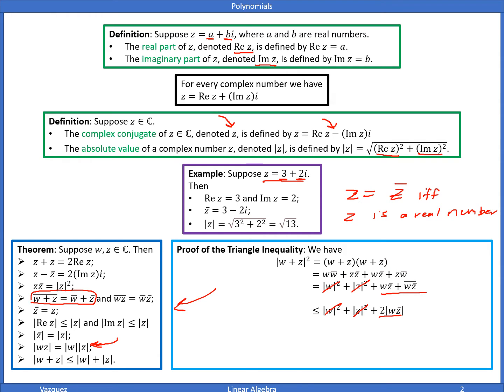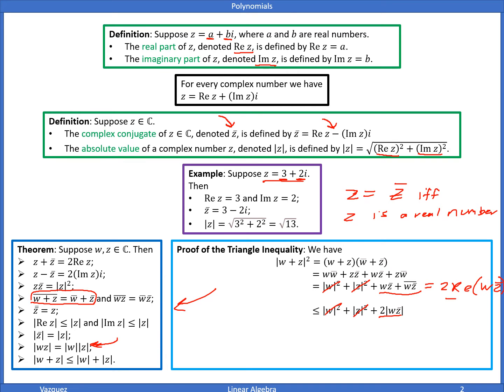Well, this here is equal to, let me erase the red. This here is equal to 2 times the real part of w z conjugate. That's what that's equal to. Right?